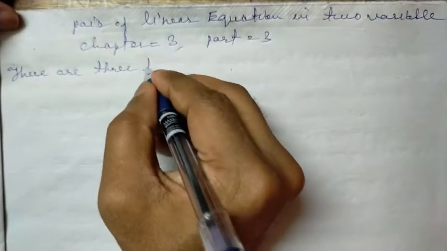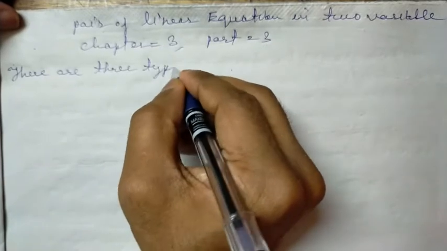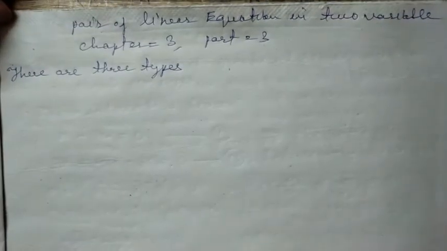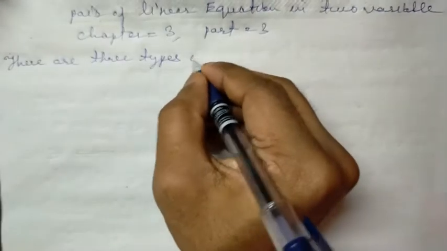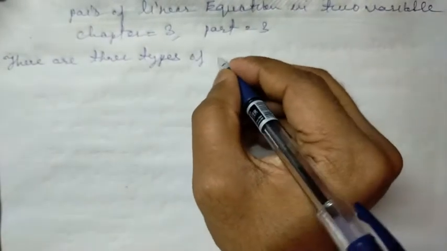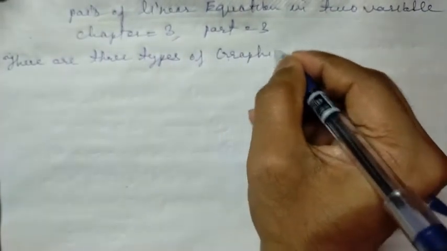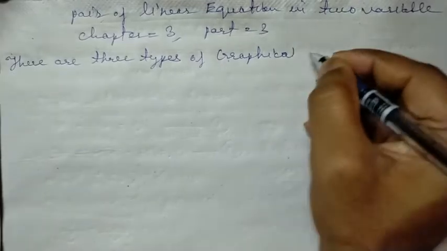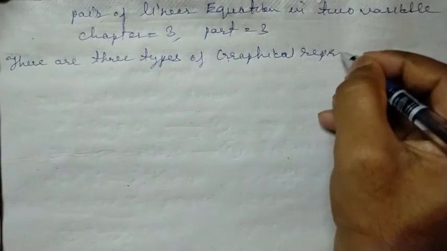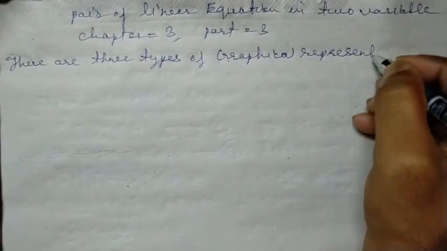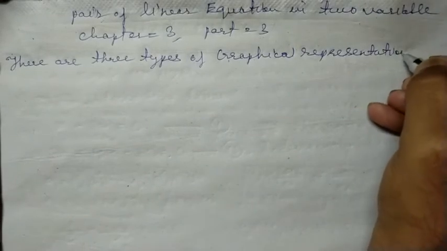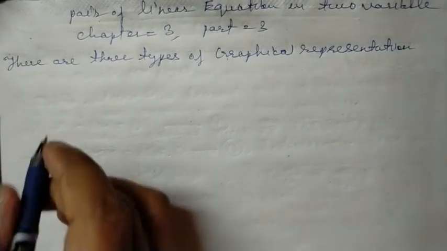There are three types of graphical representations.